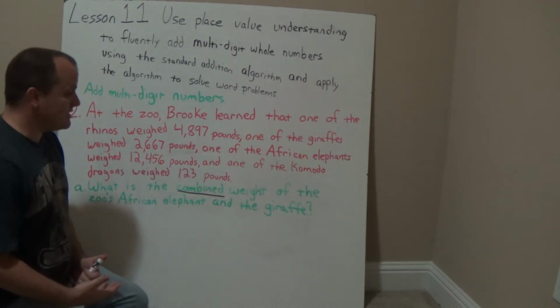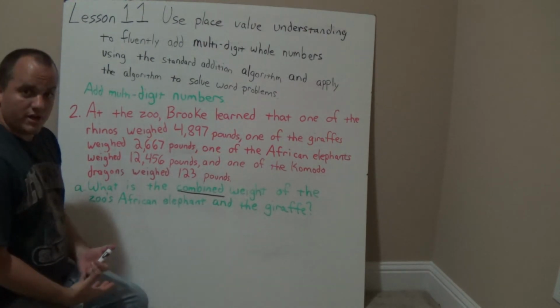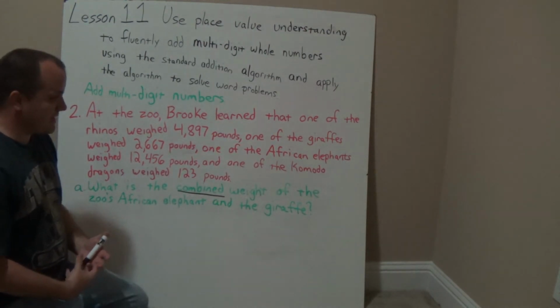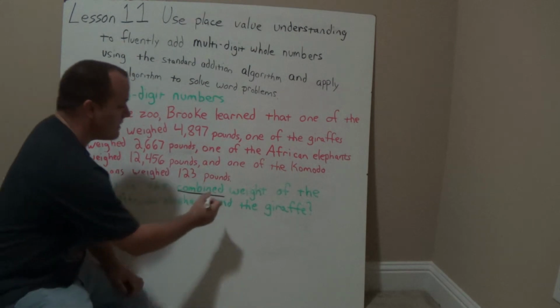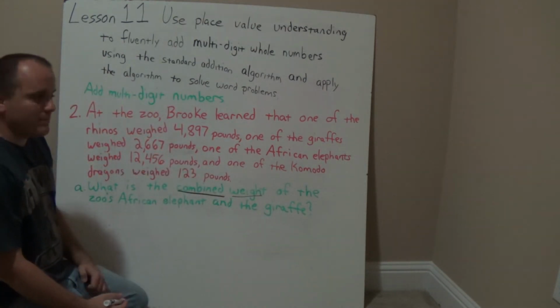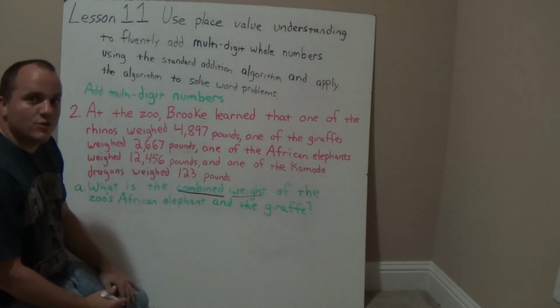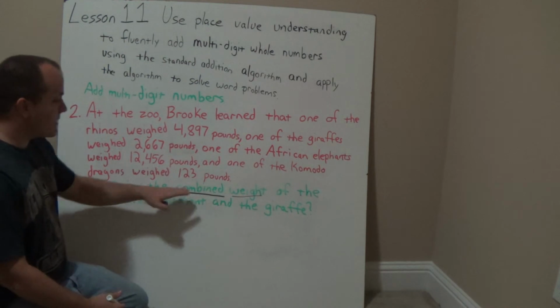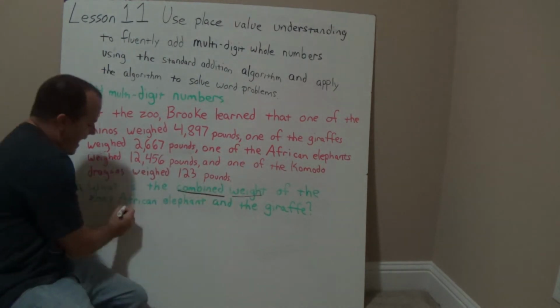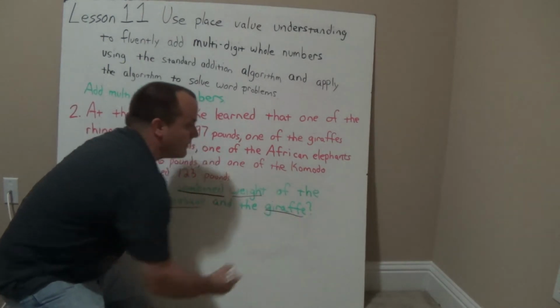When I'm making cookies, I might combine some flour and sugar to make a cookie. That means I add the two ingredients together, so that's what I'm going to do, except this time, I'm combining the weight of some things. Whose weight am I going to combine? The problem tells me exactly who or what to combine. What is the combined weight of the zoo's African elephant and the giraffe?